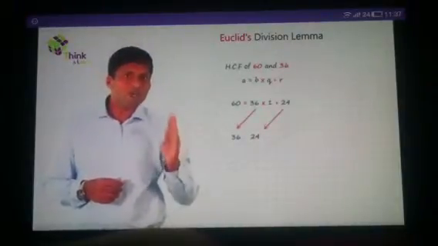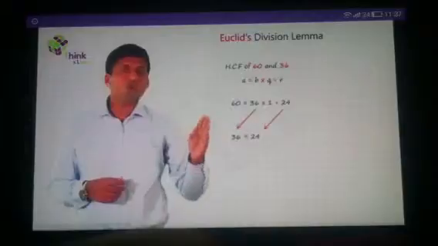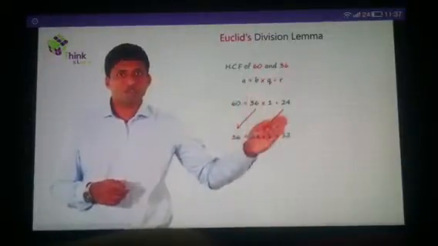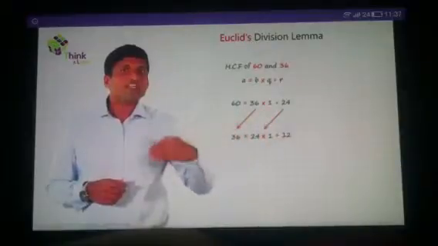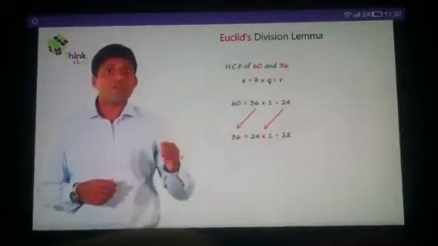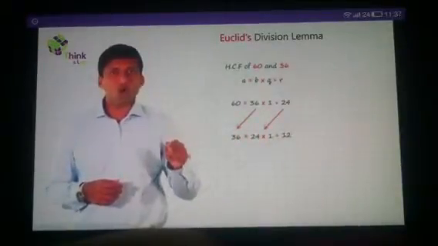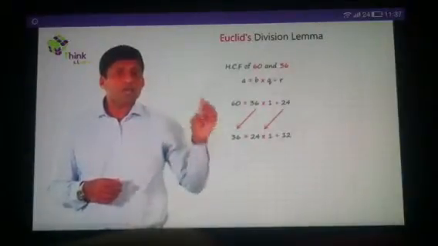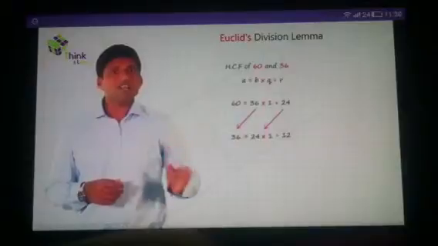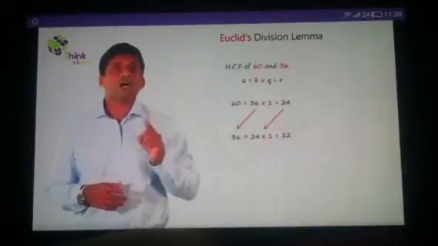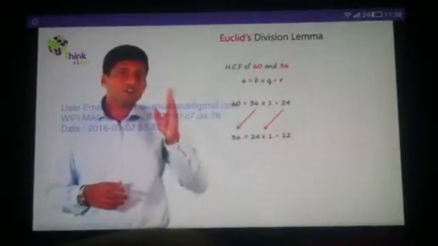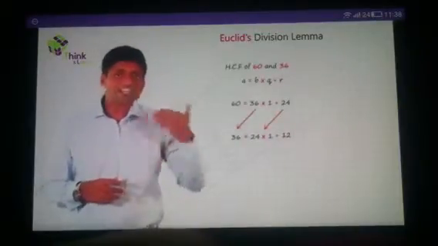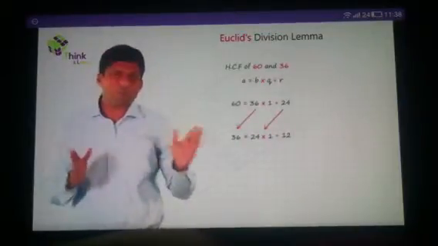So it becomes 36 equal to 24 into 1 plus 12, and you continue doing this till you get the remainder as 0. When you get remainder 0, that will be the last step. In that step, whatever the divisor is will become the highest common factor of the first two numbers we started off with. So let's continue, it's a very simple process.